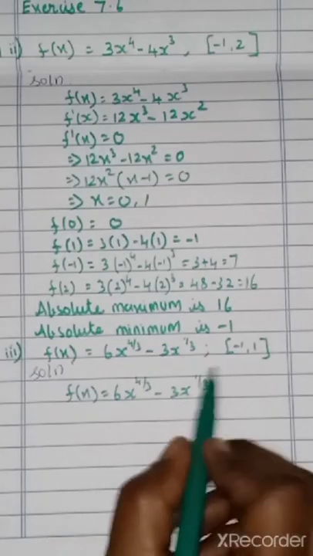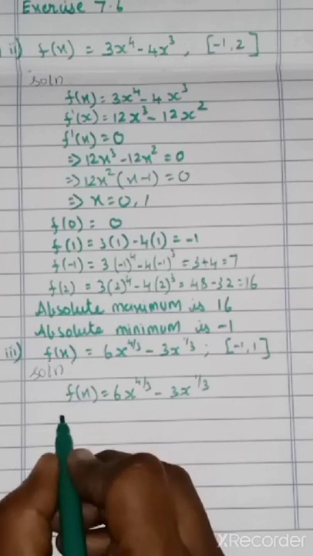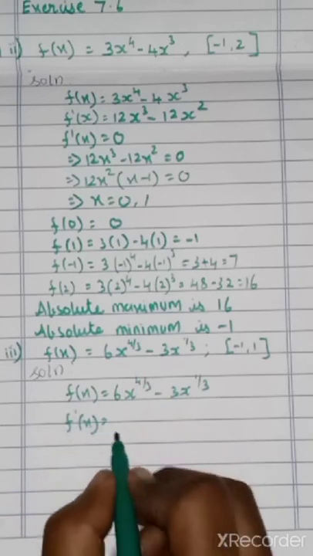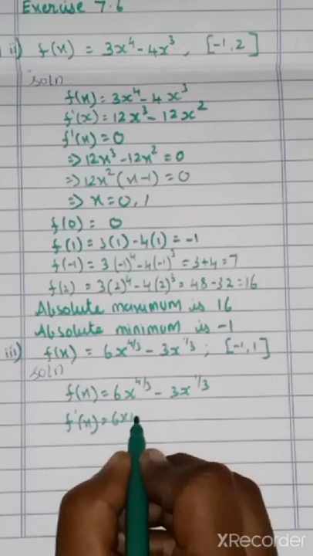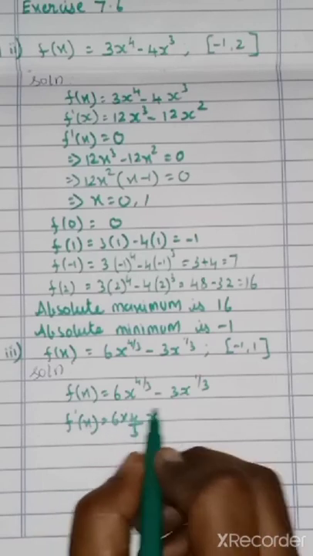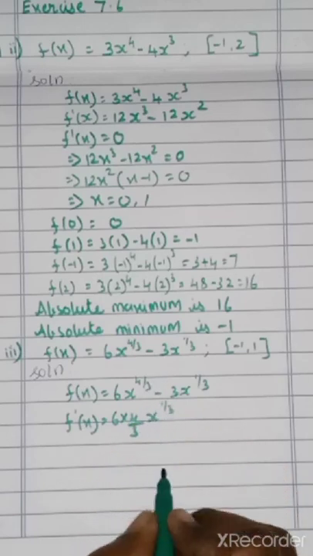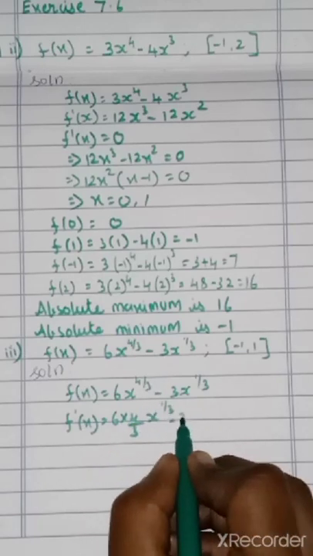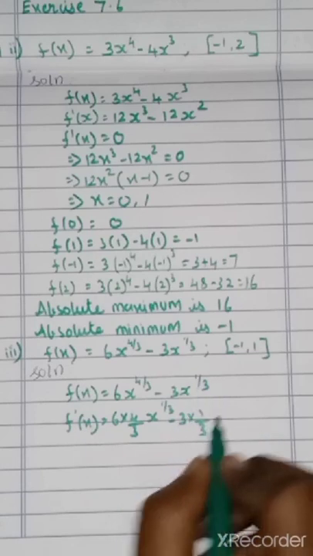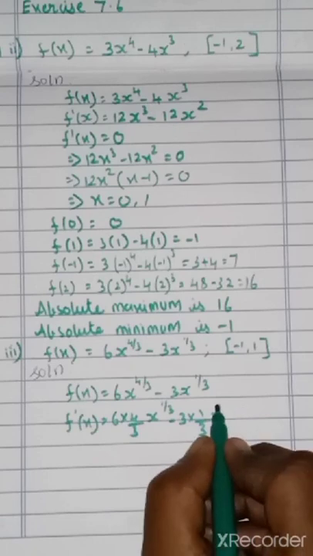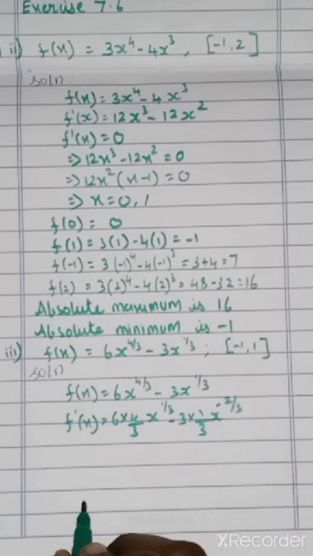Next, what do we have to find out? We are going to differentiate this equation. So f dash of x: the power comes in front. So 6 into 4 by 3 x power 4 by 3 minus 1, which is 1 by 3, minus 3 into 1 by 3 (the 1 by 3 comes in front) x power 1 by 3 minus 1, which is minus 2 by 3.